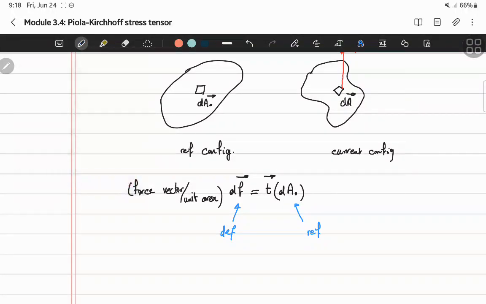And I also have to mention that dA, basically the magnitude, is equal to dA0 divided by n, or magnitude here.